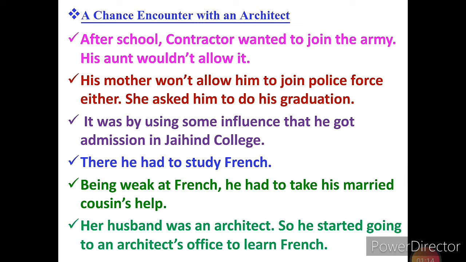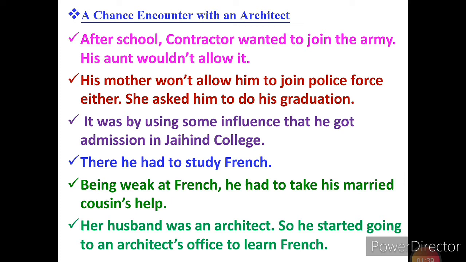So after school, Hafiz Contractor wanted to join the army. His aunt would not allow it. His mother wouldn't allow him to join the police force either. She asked him to do his graduation. It was by using some influence that he got admission in Jai Hind College.